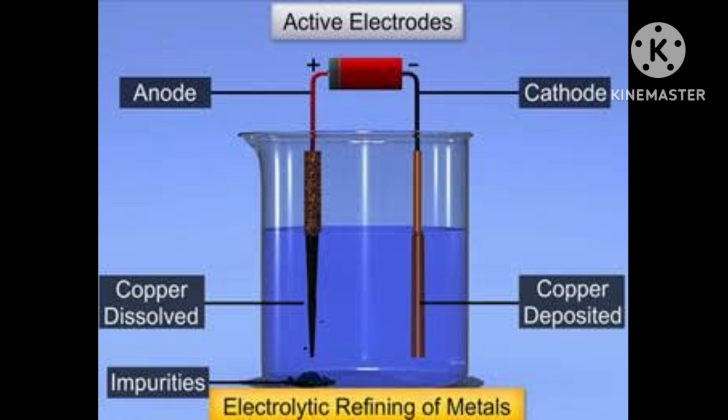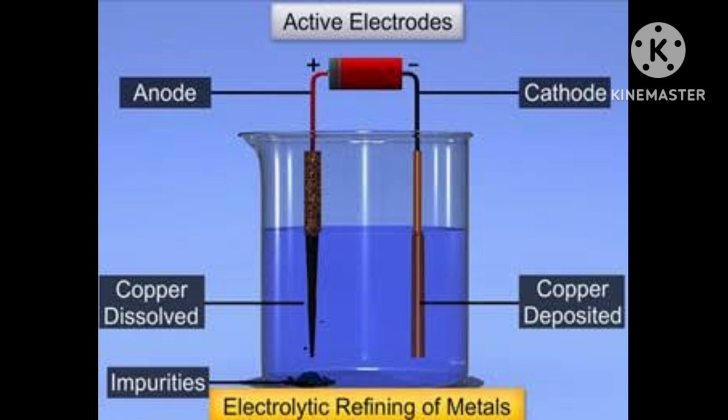This is very, very important from the calculation point of view. 1 mole of electron means how much? Avogadro number, 6.02 into 10 to the power 23. Anything in that number is called a mole. So 1 mole of electron is required for reduction of 1 mole of silver.